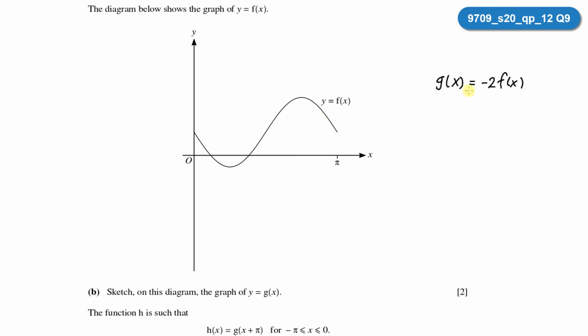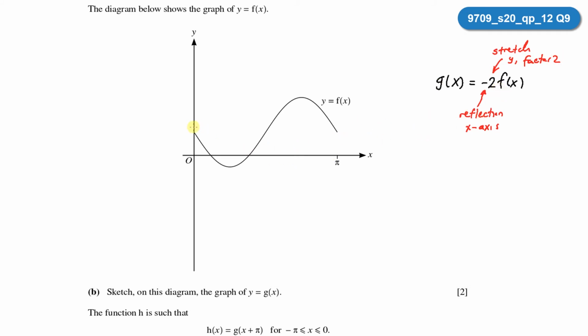Now this represents two transformations. The first one represented by the negative sign is a reflection in the x-axis. And the second transformation represented by the 2 is a stretch parallel to y by factor 2. So we are going to perform these two transformations.